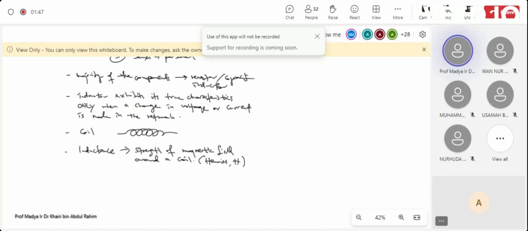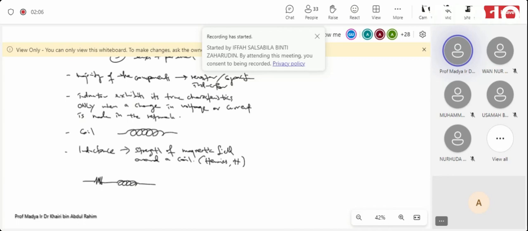But normally the symbol used is like this. If let's say this is a circuit, so it's just like that.